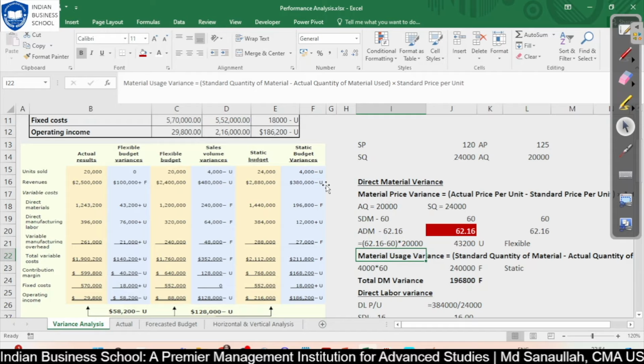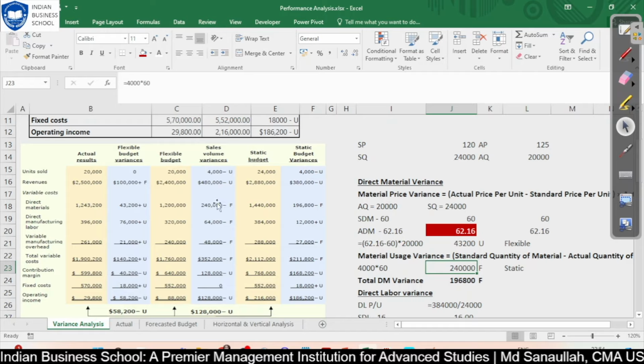Don't forget about material. So what is our standard quantity? Standard quantity is simply 24,000, and we minus our actual quantity, so we get 4,000 as our total material quantity variance. Then we multiply by our standard price, which is 60. If you multiply this, you will get 240,000. The same thing will come here, 240,000.